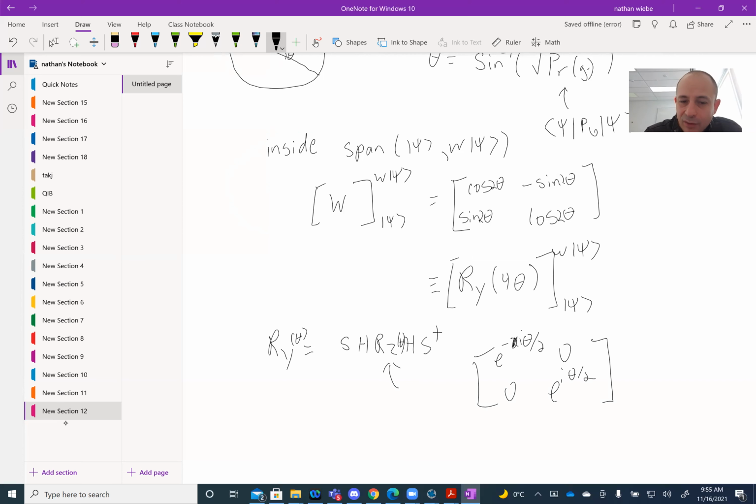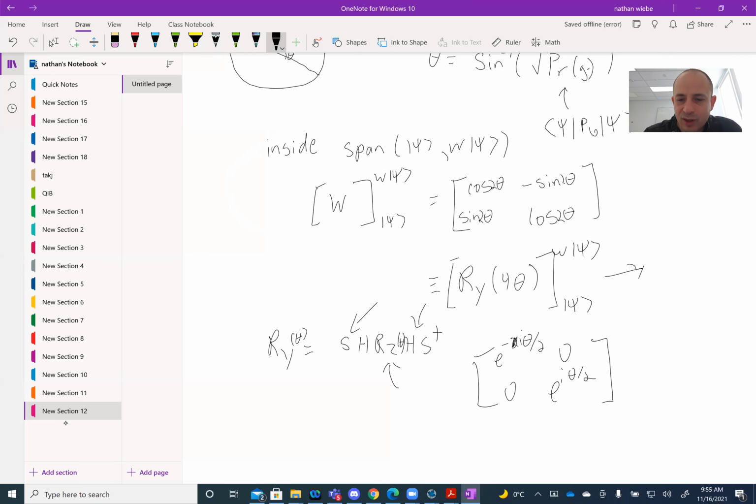So therefore, the eigenvalues of Ry of 4 theta are, just by taking a look at this, because the eigenvalues of a matrix are defined to be the values that we end up getting after applying a diagonalizing transformation.